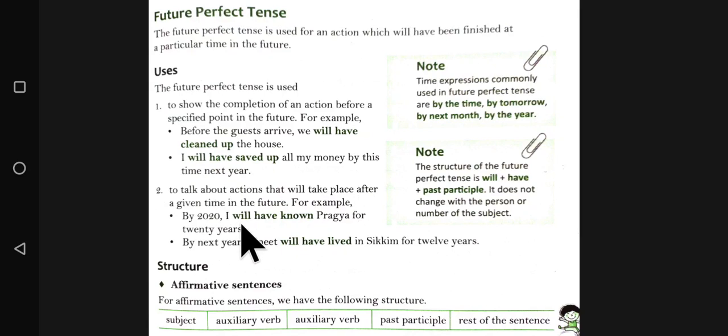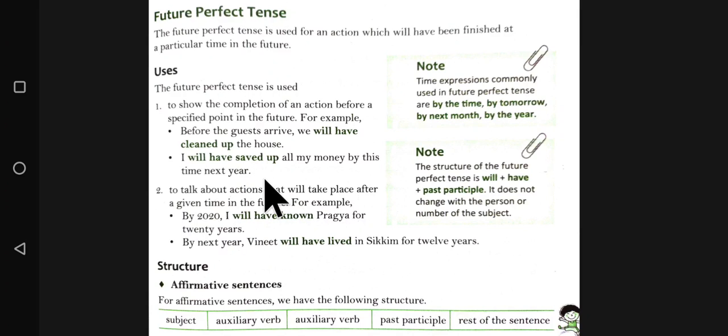By 2020, I will have known Pragya for 20 years. This action of knowing Pragya for 20 years will be completed in the future after what? After 2020. So this is the given time. After a given time in the future, this action of knowing Pragya will be completed. So in such cases also we use future perfect tense.